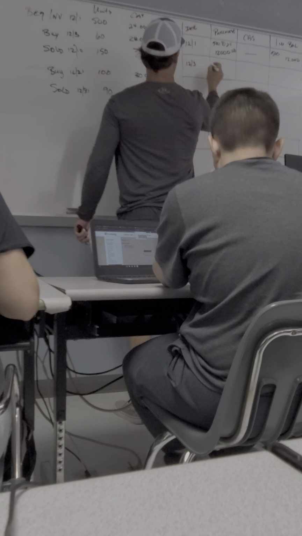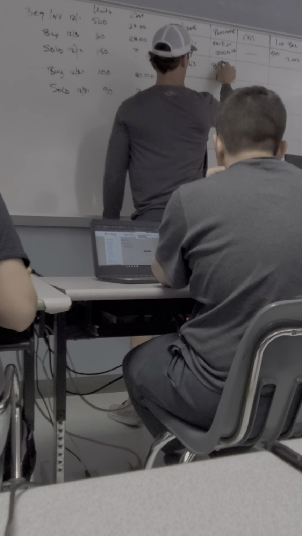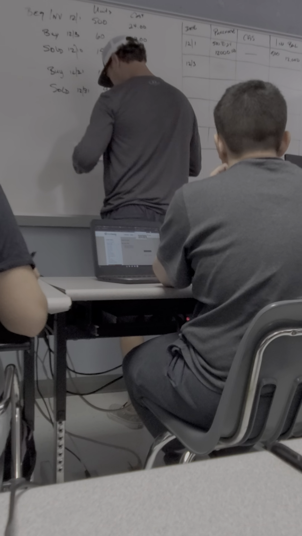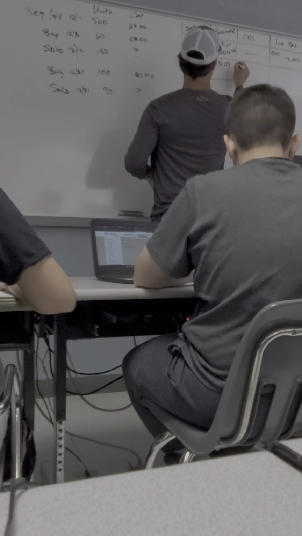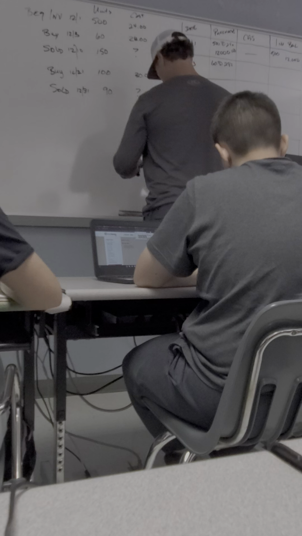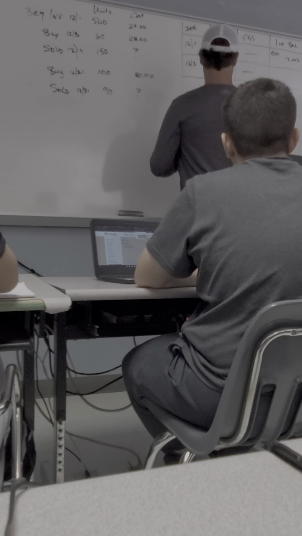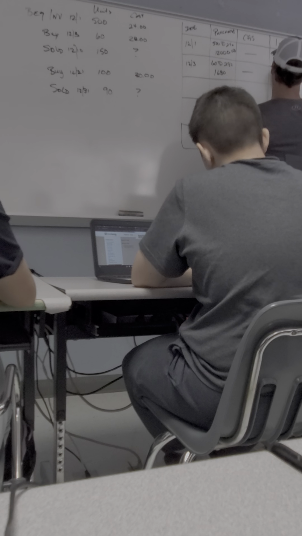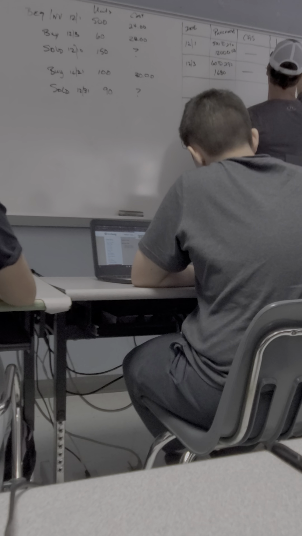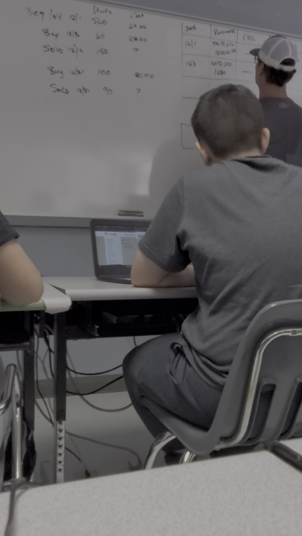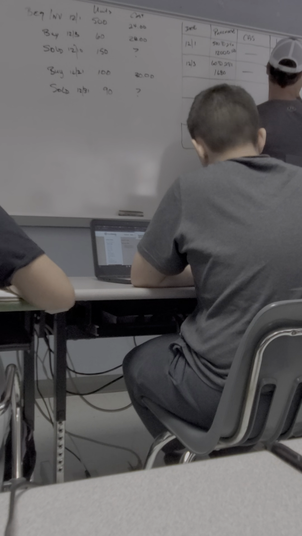Bought units at 28. I don't need to write bought because it's over there. So we said 60 at 28, which should equal 1,680. There's no cost of goods sold, but now I have 500 at 12 grand and 60 at 1,680.